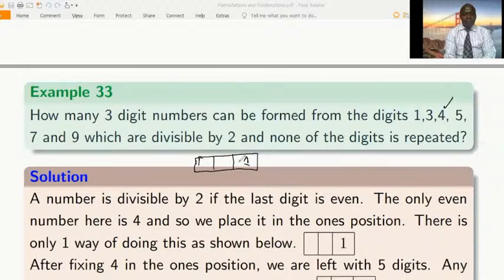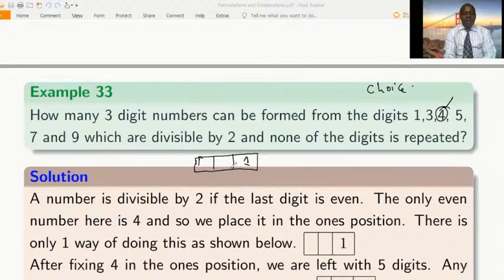For this number to be divisible by 2, the last digit must be even, and the only even number here is 4. So we only have one choice for the ones digit.